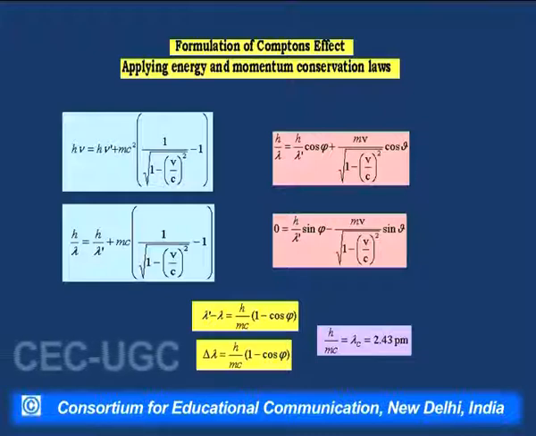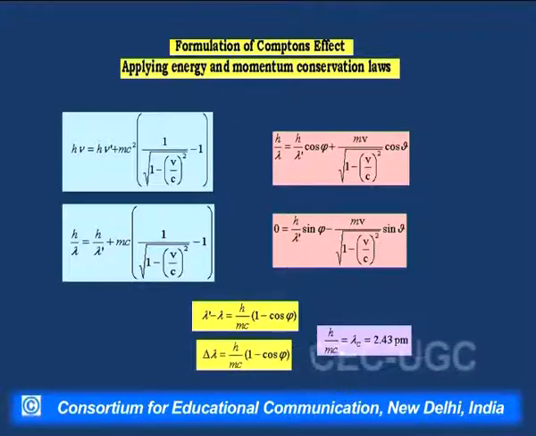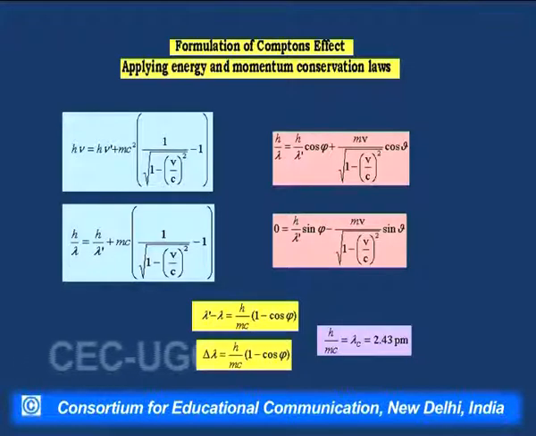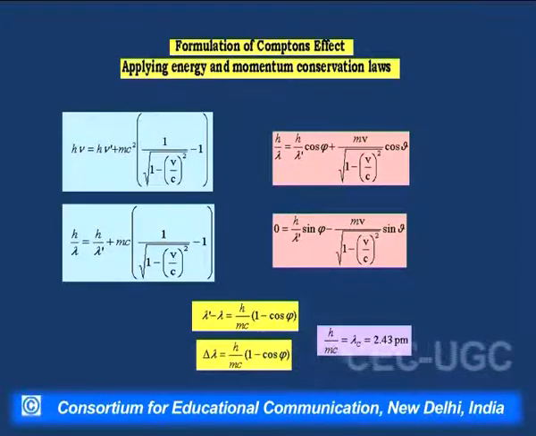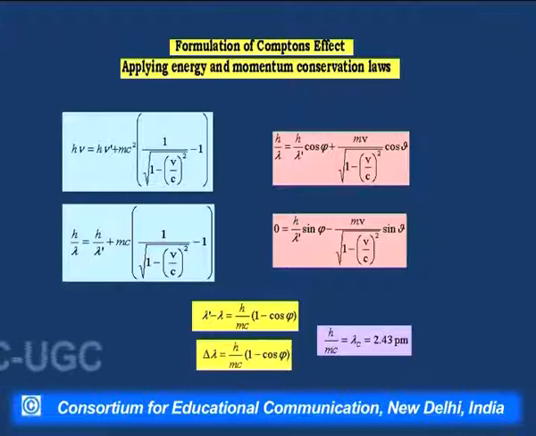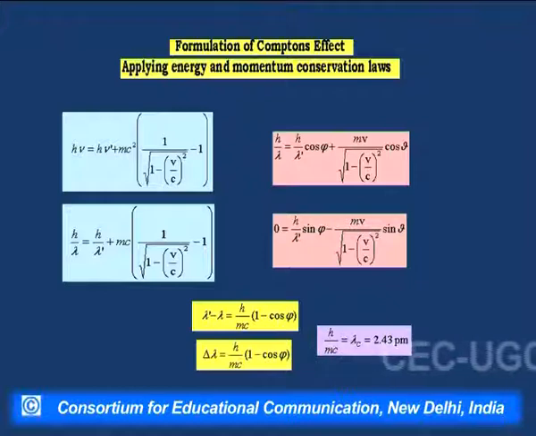So we have to write down the kinetic energy part for that electron also, and because the electron is moving with relativistic speed, comparable to the velocity of light, we have to write the relativistic expression for kinetic energy, which is mc square into gamma minus 1, and gamma is this factor.